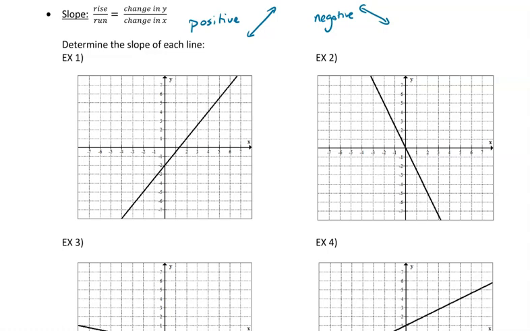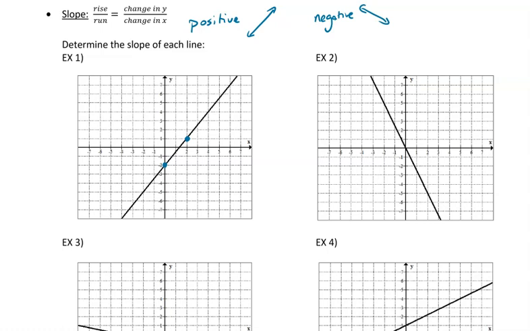Specifically, we want to pick any 2 nice points that we can easily tell what those points are. All right, so I'm going to pick (0, -2) and (2, 1) as my 2 points. If you pick 2 different points, it won't matter at all. You're going to get the exact same slope. So just whatever 2 points you see, use those.